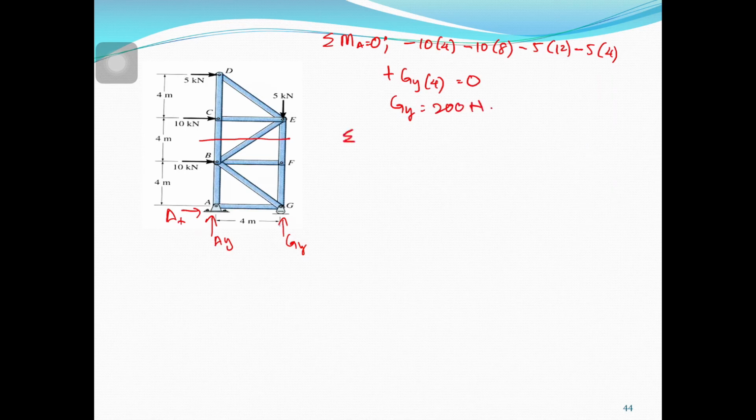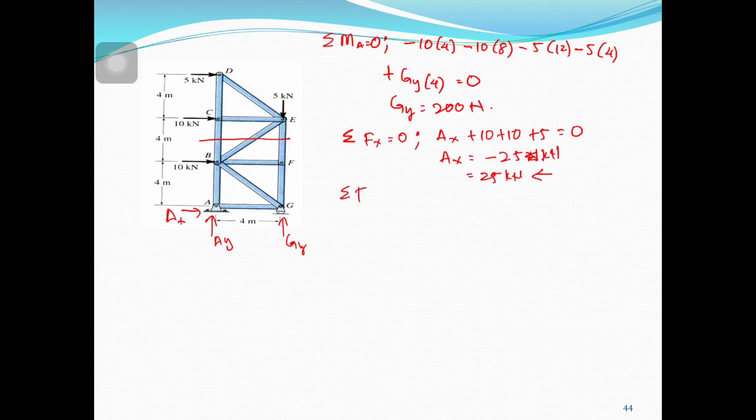Right. And then summation of Fx is equal to 0. So you have Ax plus 10 plus 10 plus 5 is equal to 0. So you have Ax equal to minus 25 kilonewton, to this direction. We assumed this direction, so we get negative, so it is opposite.